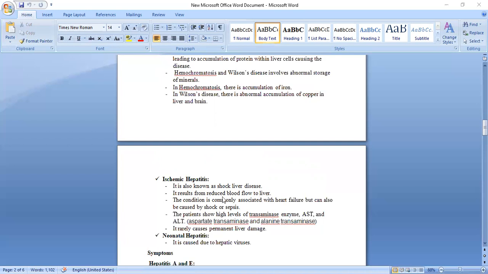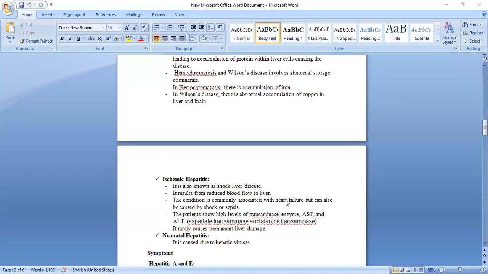It results from reduced blood flow to the liver. The condition is commonly associated with heart failure, but can also be caused by shock or sepsis. Due to that, it also causes septicemia, sepsis.